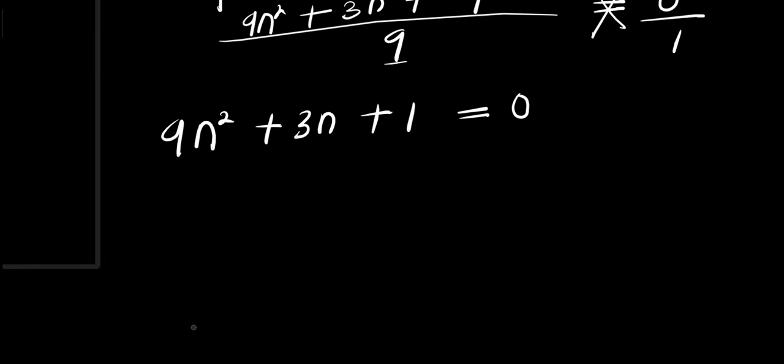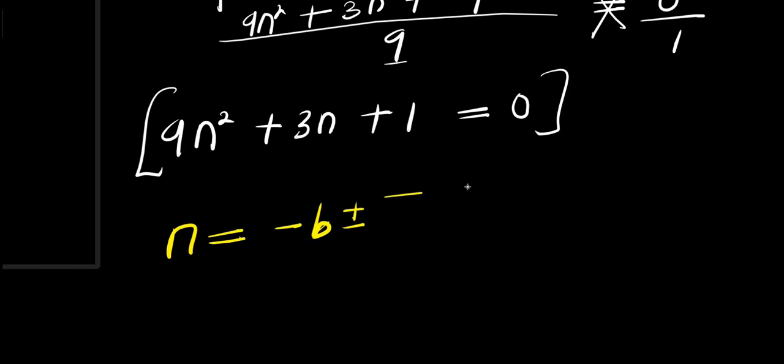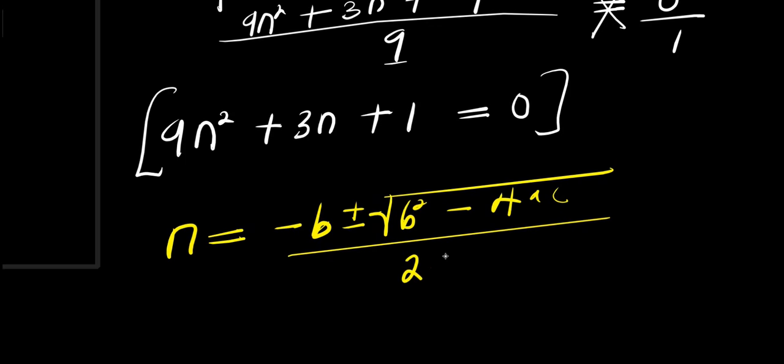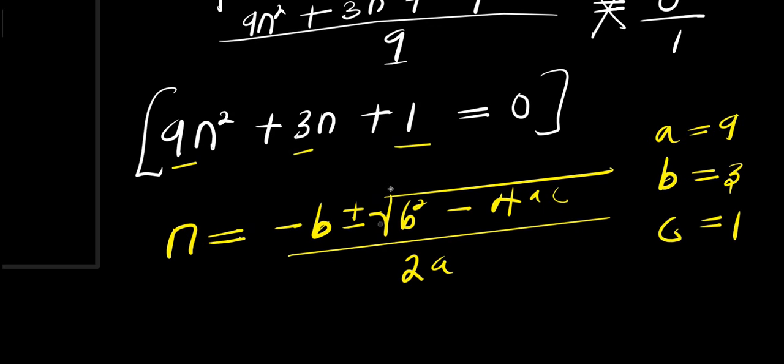So next step is to solve this quadratic equation using the formula method. You write the formula in respect to n. n equals negative b plus or minus square root of b squared minus 4 times ac divided by 2a. a equals 9, which is what we have here. b equals 3, which is what we have here. c equals 1, which is what we have here.